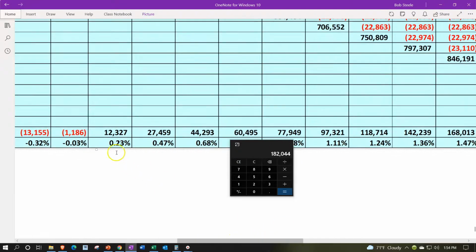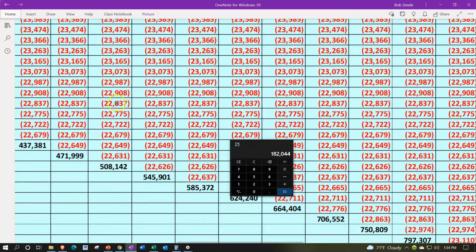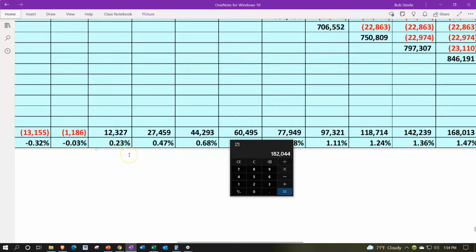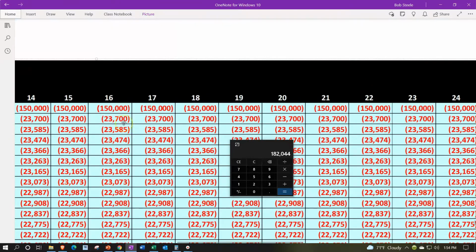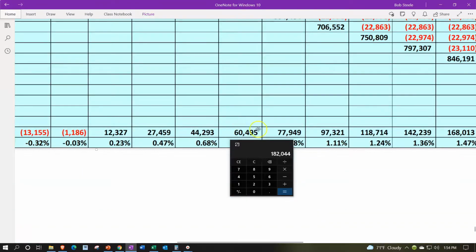It's still not good because if we calculated the rate at which this cash flow would be 0, it's 0.23%, meaning if you were to take these outflows and invest it someplace else, you'd get a better return on that.